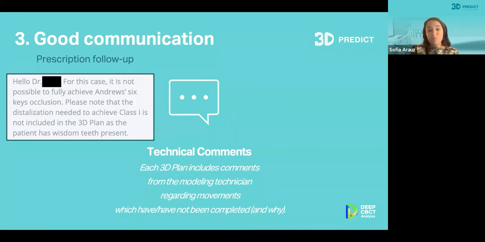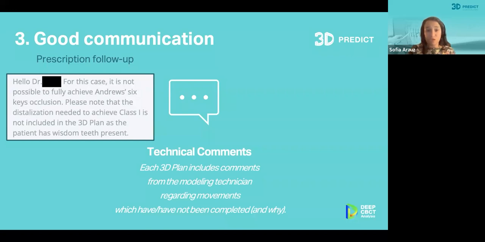So in this case, for example, the technician is saying, we could not achieve perfect occlusion, which is Andrews' 6 keys of occlusion, because we could not do the distalization that you requested since the third molars are still in place. So that goes back to the first point of diagnosis and case selection.